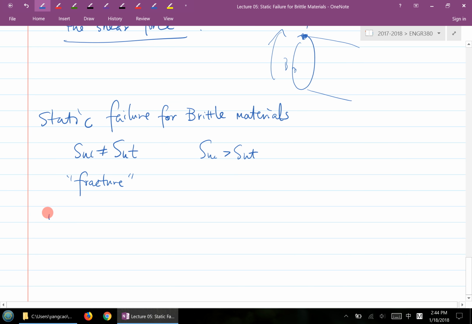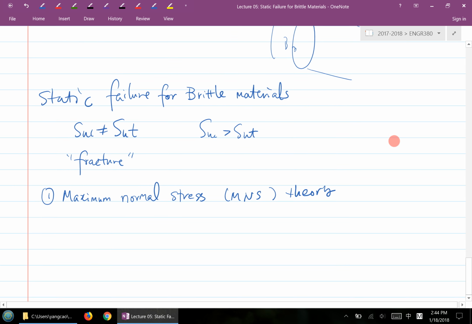So we're going to present 3 different theories for brittle material. One is called the maximum normal stress theory, so we call it the MNS theory. The second one we call the brittle Coulomb-Mohr, or BCM theory.